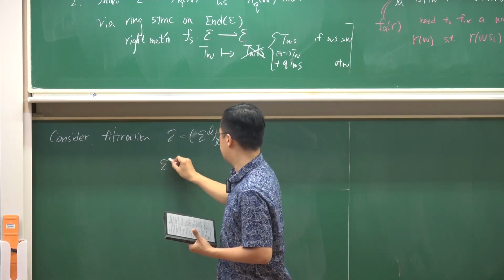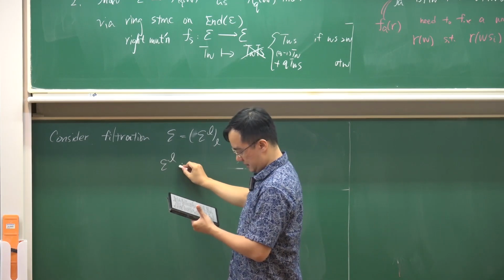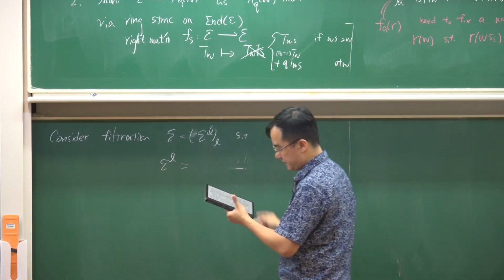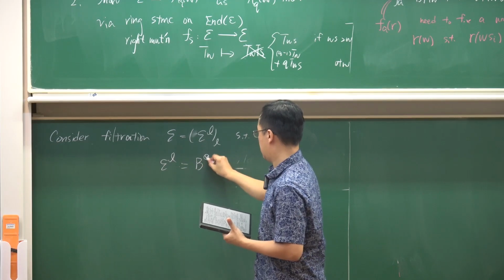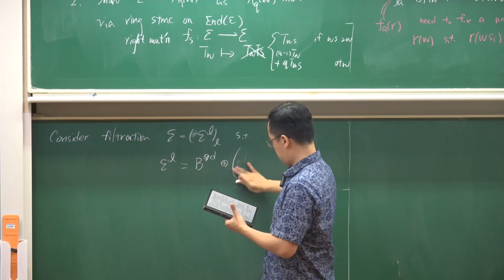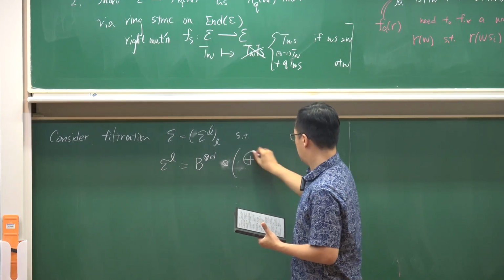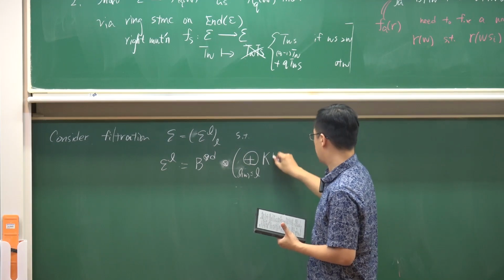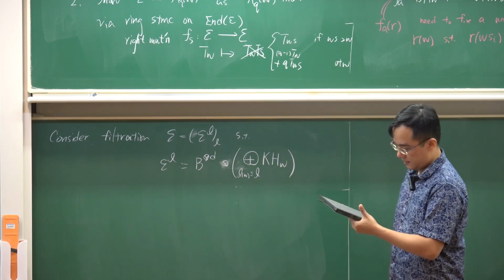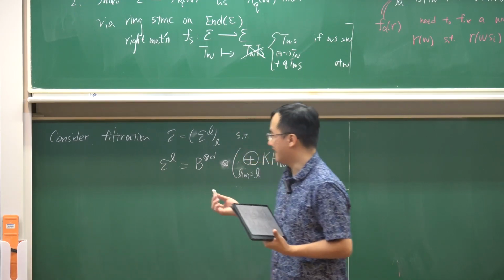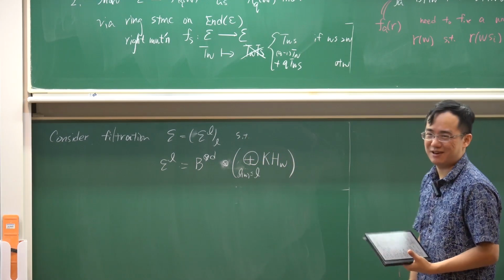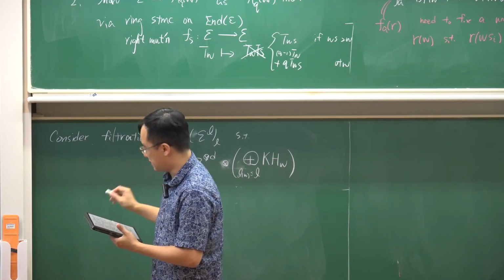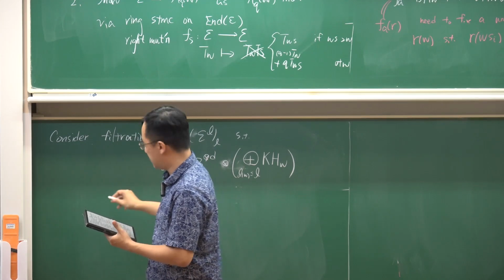The L part is just those elements with length less than or equal to this chosen L. And then we have an analog of a Kashiwara-style argument. We need to prove by induction that the following statements hold.